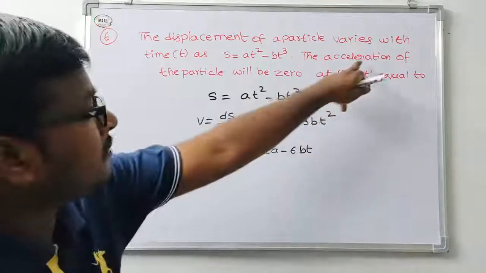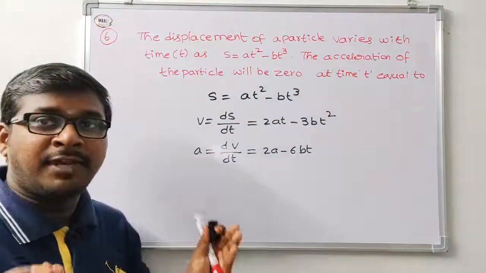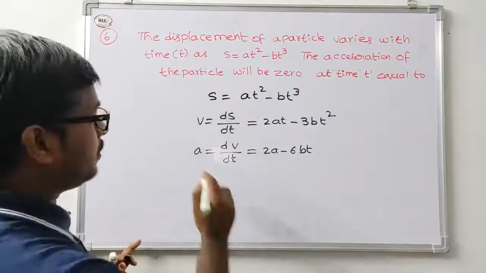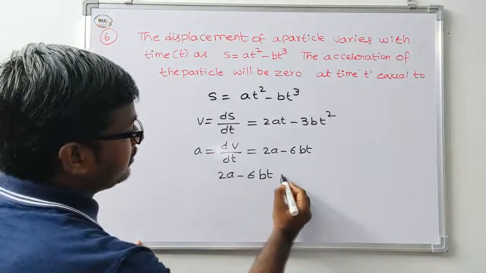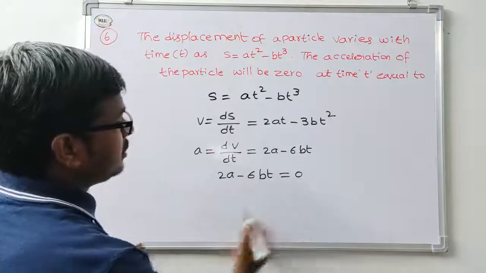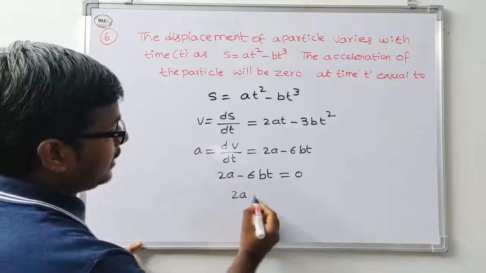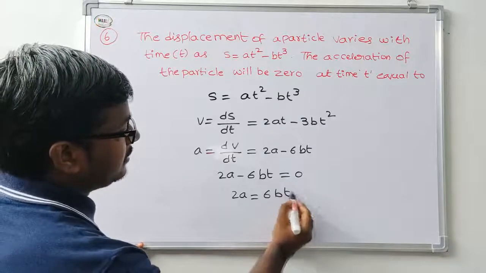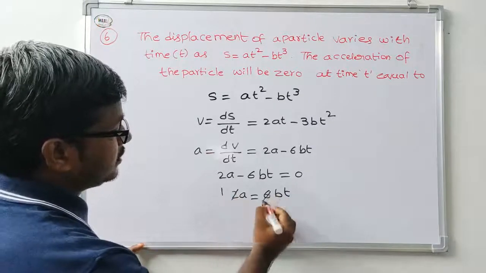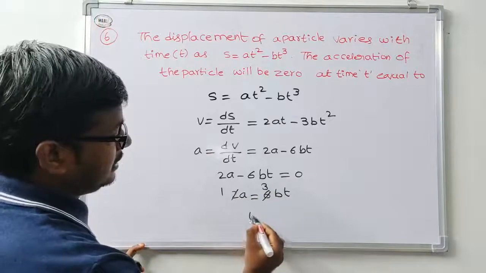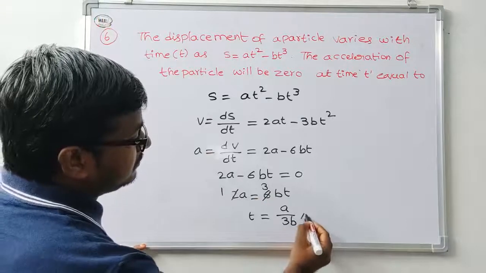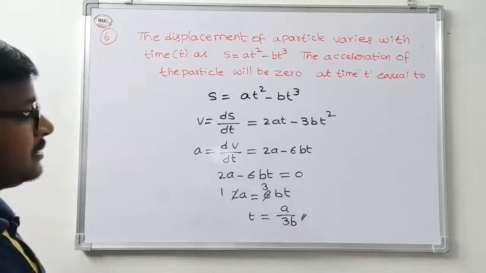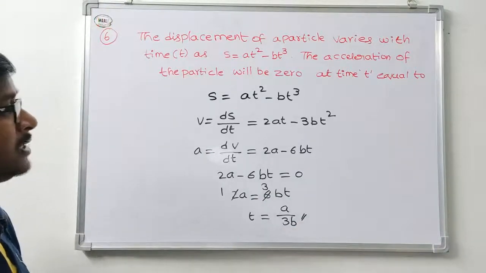In this problem, the acceleration of the particle will be 0, so 2a minus 6bt is equal to 0. 2a is equal to 6bt. 2 ones, 2 threes. Then t is equal to a by 3b. This is the answer: t is equal to a by 3b.